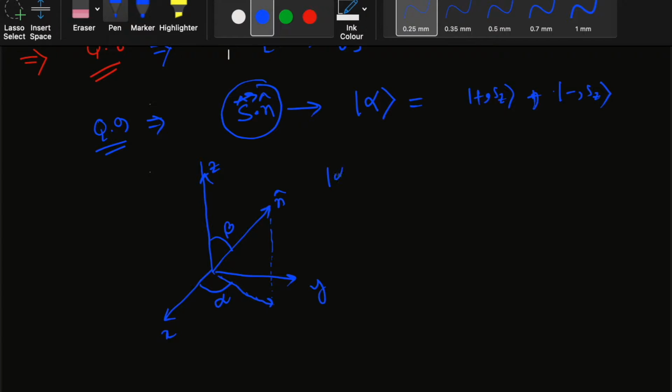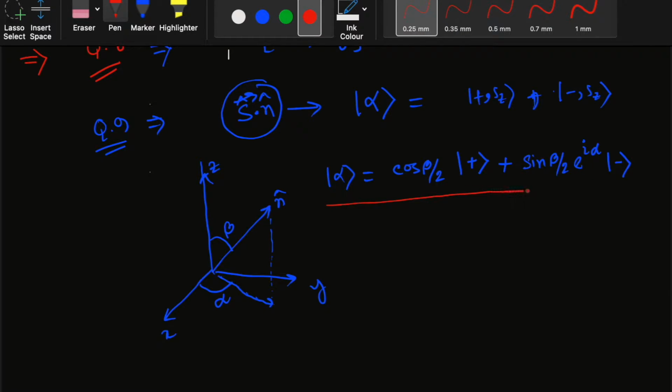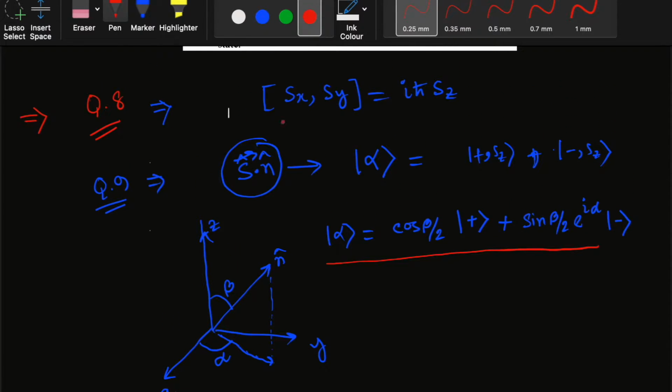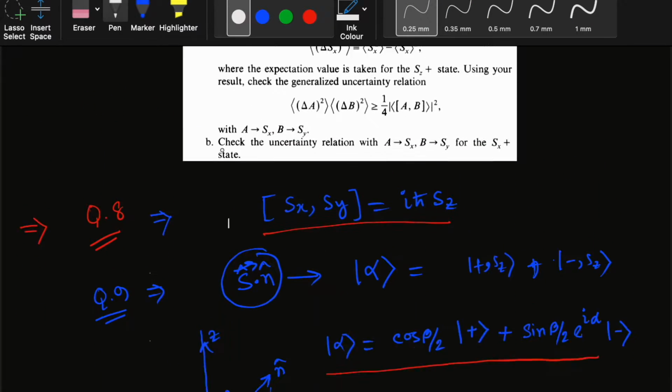Then this alpha state can be written as cos beta by 2 plus Sz plus sin beta by 2 e to the power i alpha minus Sz. So we are going to use this result from question 9 and the result from question 8. So let us solve problem a.